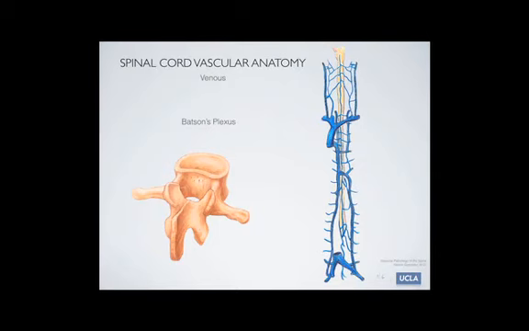Now, once that blood is connected to the epidural plexus, it's going to distribute in a very broad manner. And Batson described 3 venous plexuses that connect all the way to the skull and down into the retroperitoneal space. The epidural plexus constitutes basically the intravertebral Batson's plexus that goes all the way intracranially.